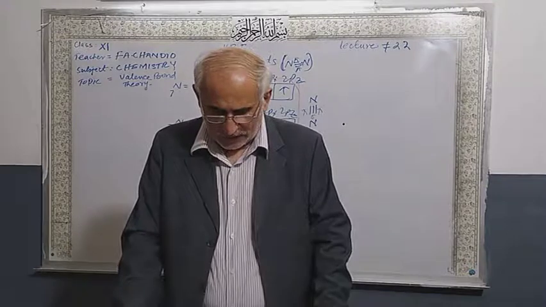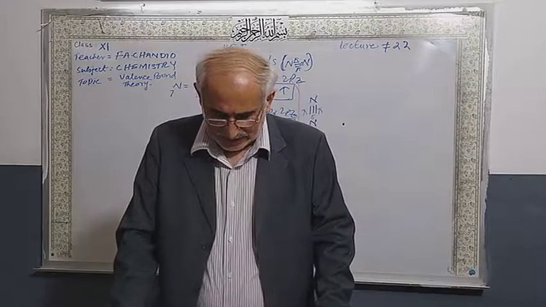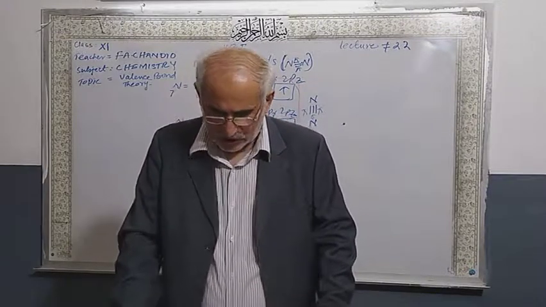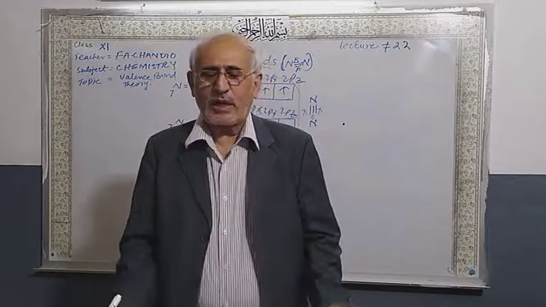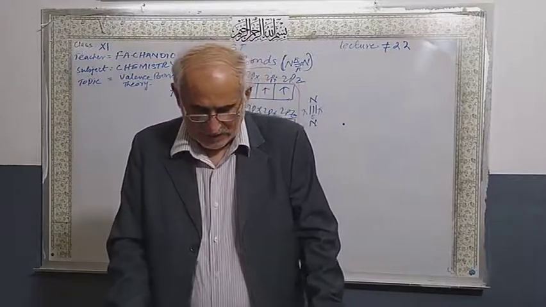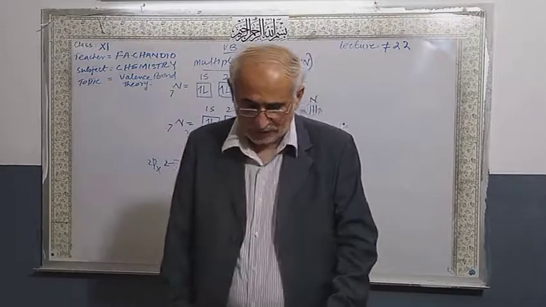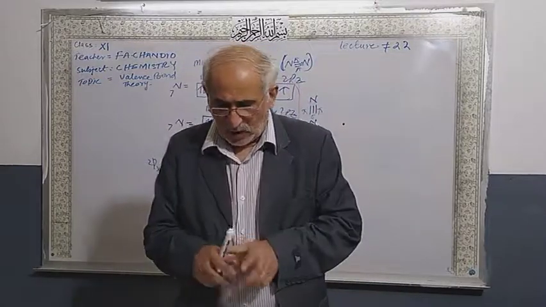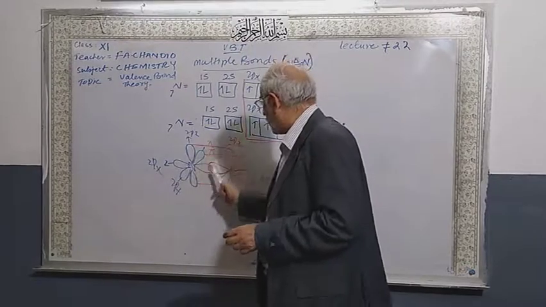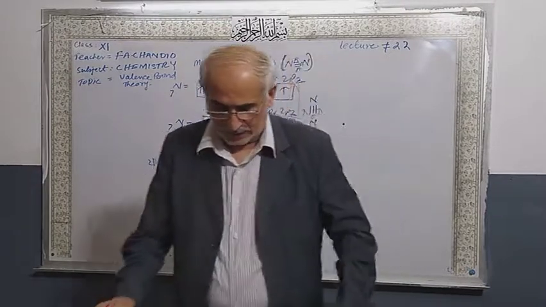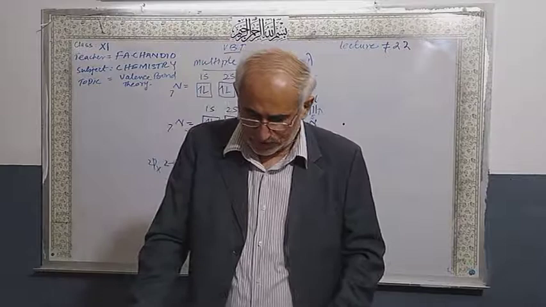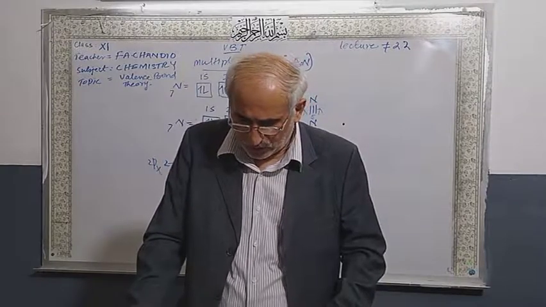Now there are 3 distinct regions of electron charge density in the nitrogen molecule. The sigma electrons between the nuclei form a sigma bond. The pi electrons above and below form a pi bond.